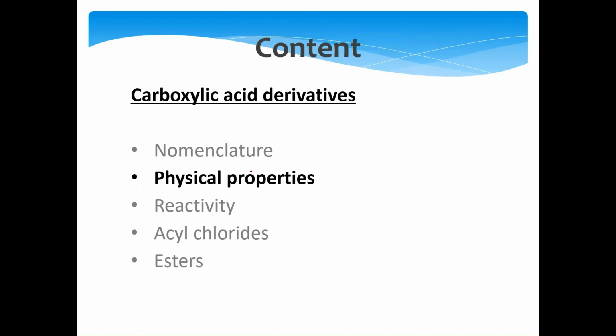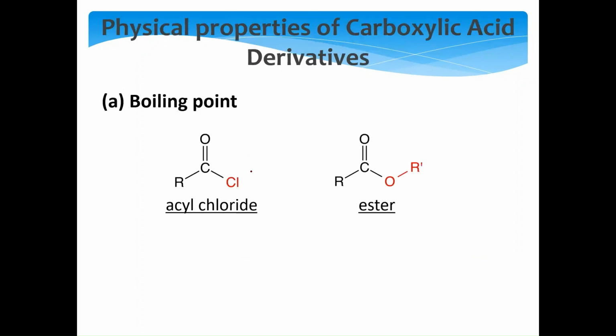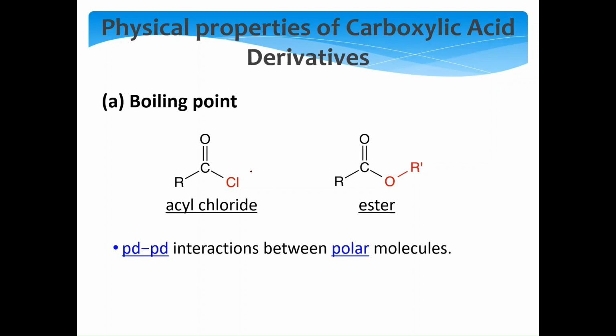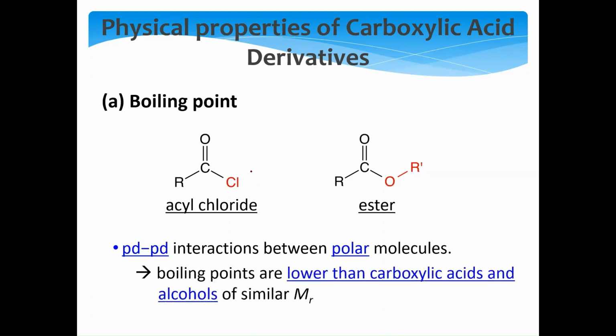Next, moving on to the physical properties of carboxylic acid derivatives. Now, if we have acyl chloride and ester, and we would like to discuss the boiling point, before that we have to look at the intermolecular forces of attraction. These acyl chloride and esters are actually polar, so there will be PD-PD interactions between the polar molecules.